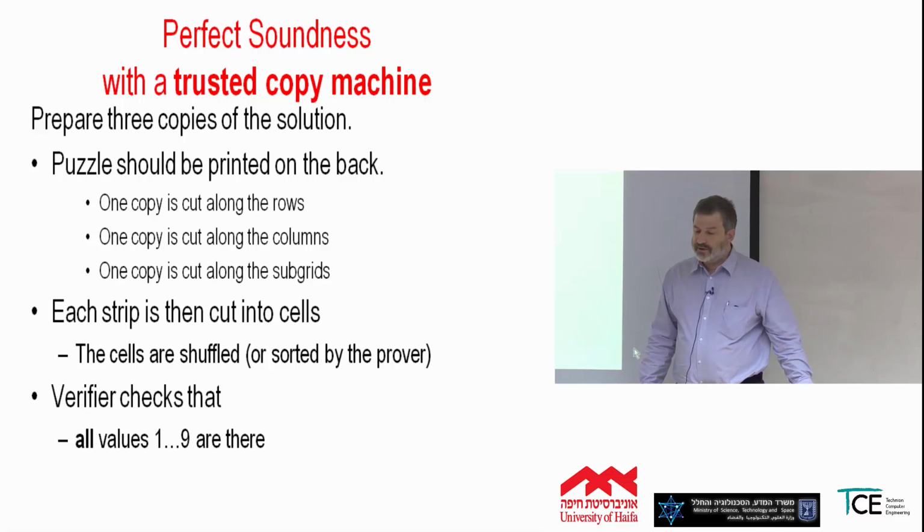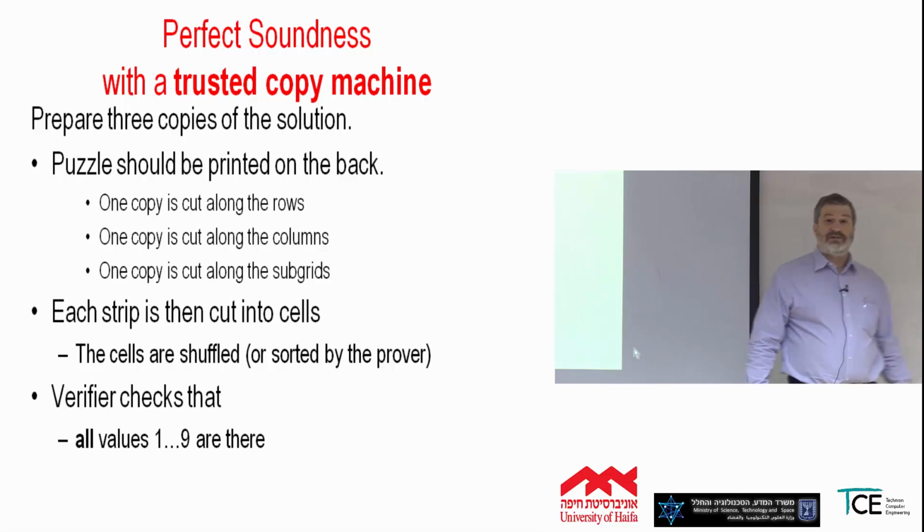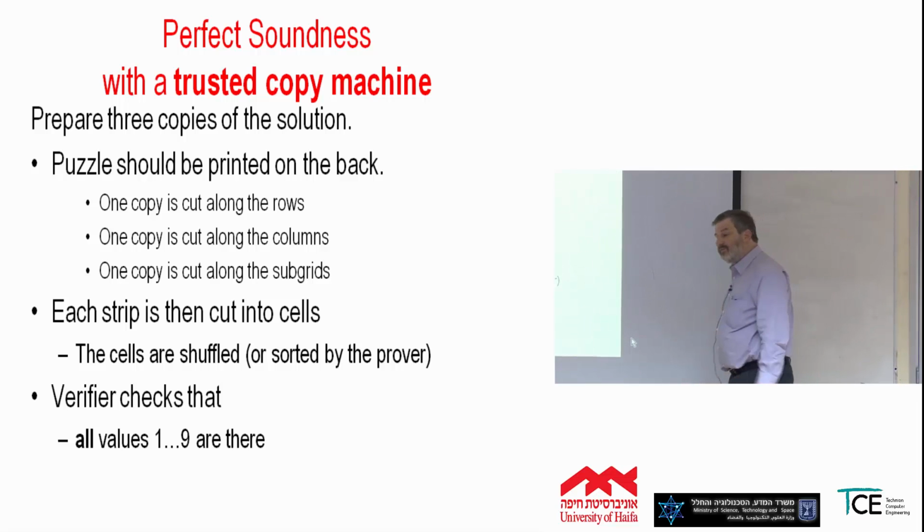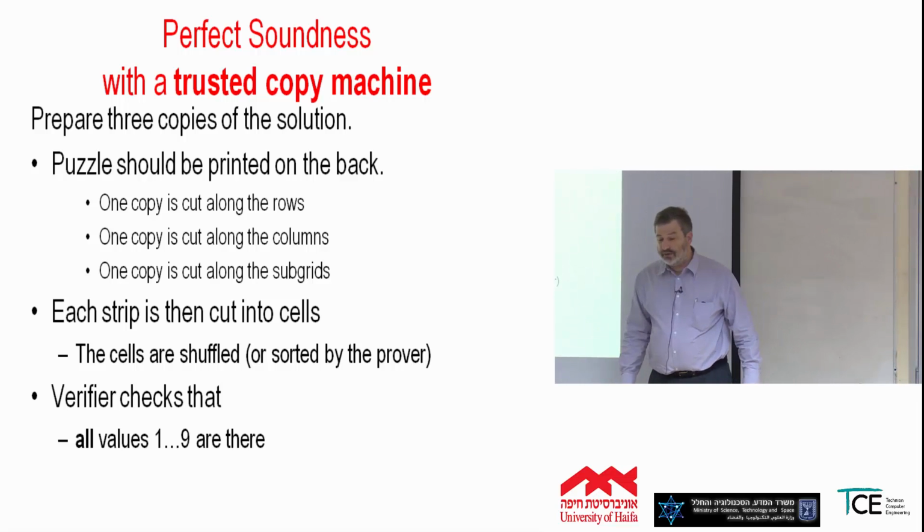So by this small trust that we have, the copy machine, we have zero soundness error. And we got that by some physical assumption here. You can call it this way.